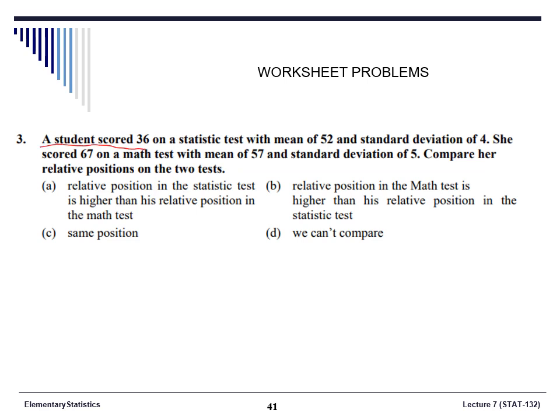A student scored 36 on a statistics test with a mean of 52 and a standard deviation of 4. And she scored 67 on a math test with a mean of 57 and a standard deviation of 5. Compare her relative positions on these two tests. Now let's talk about statistics scores.